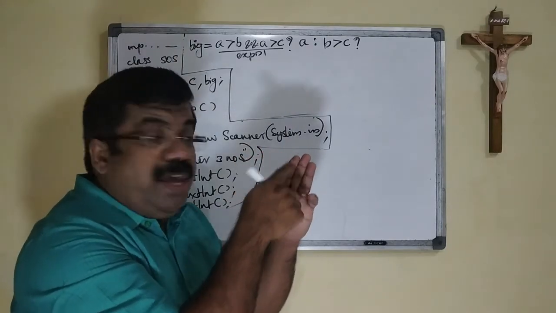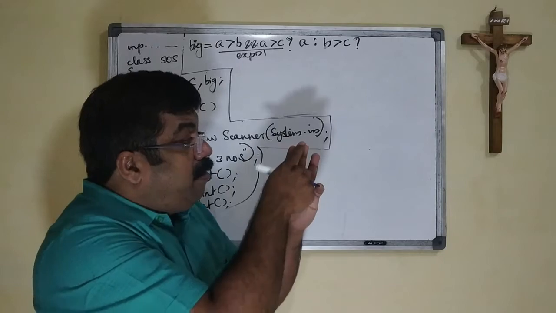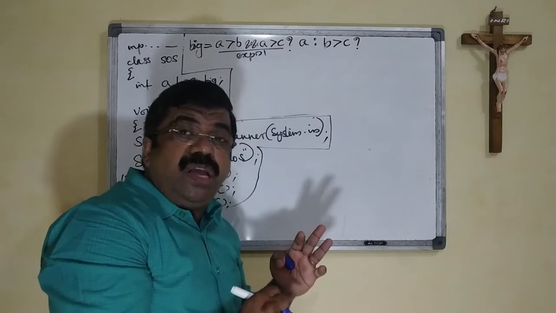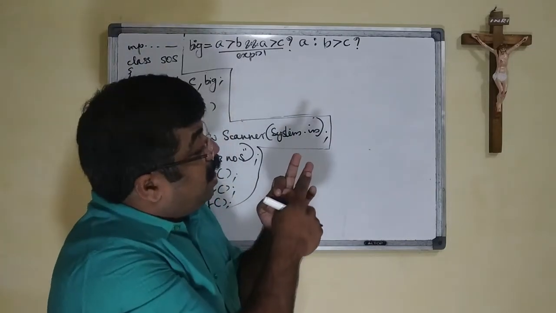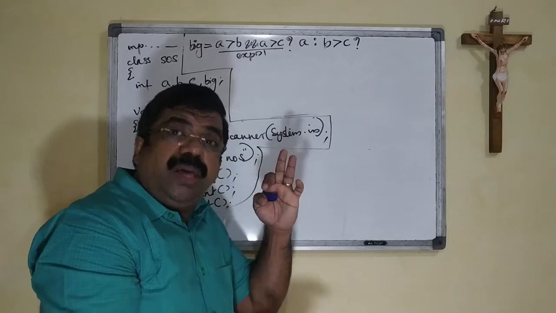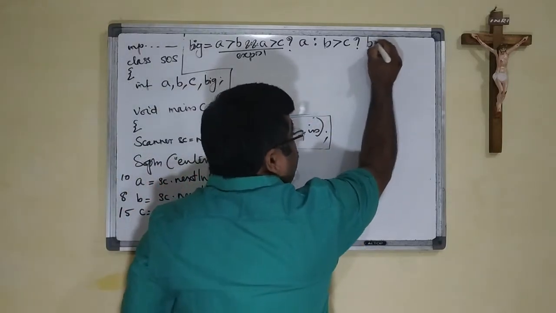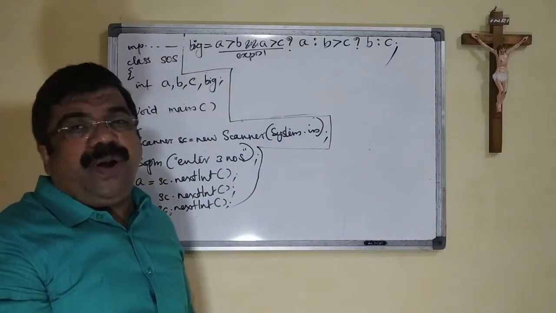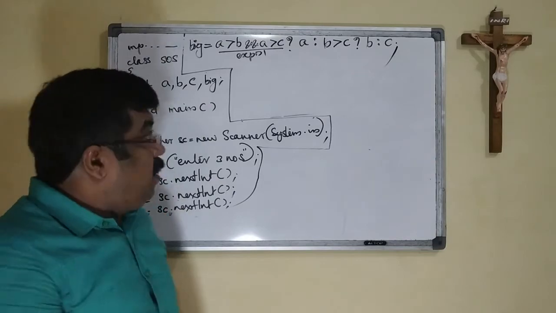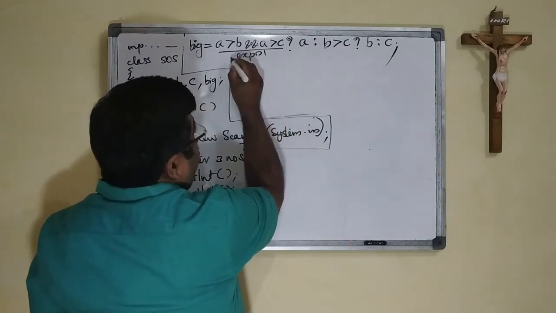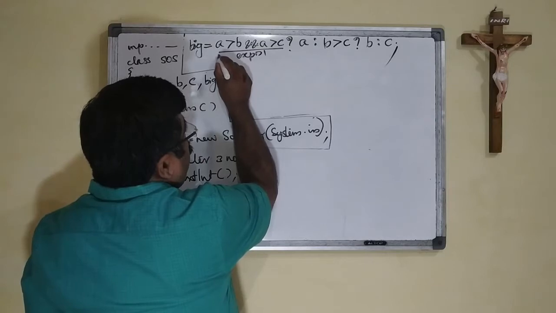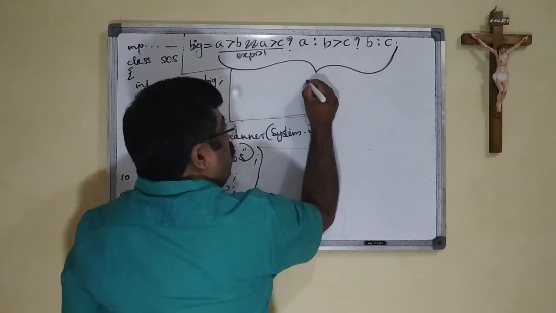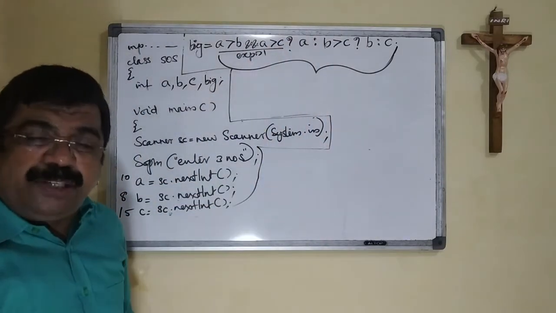When A greater than B fails, from this example you can see B is bigger. And again, later on we are checking whether the B is greater than C also. If it is so, B will be the bigger, otherwise C will be the bigger one. Let's see. This is the first one. From here to there is one conditional operator. Means we have a first expression.